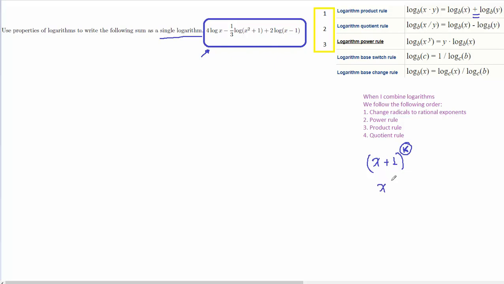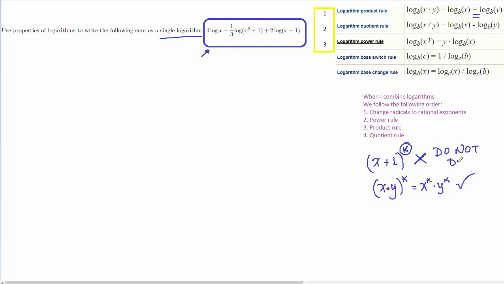Although we have the following property for exponents: if we have a product of two different variables, or a number and a variable, then we can distribute the k, x to the k times y to the k. And this is fine. This cannot be done. So you need to remember, do not distribute.